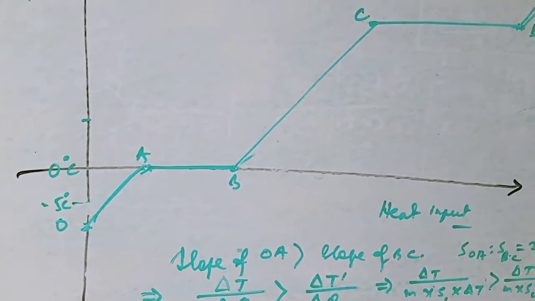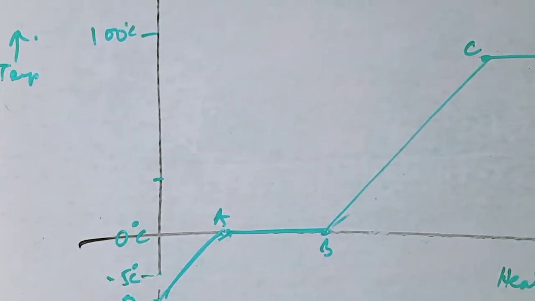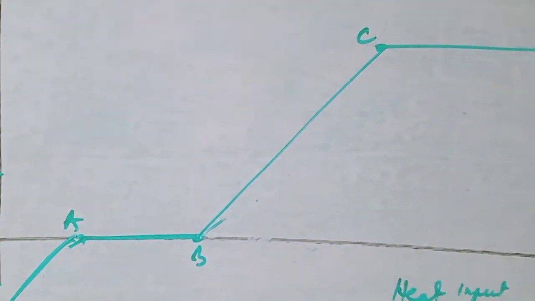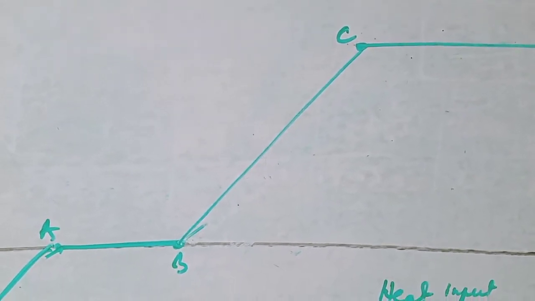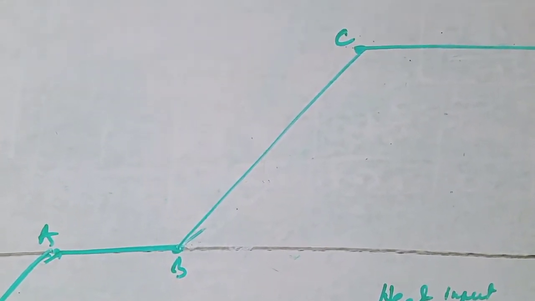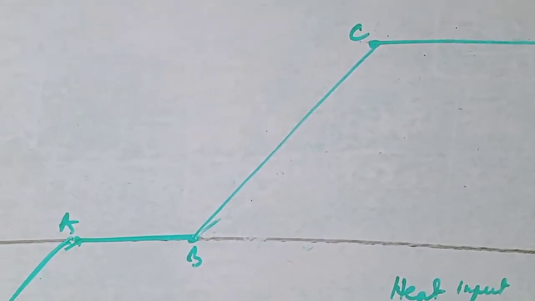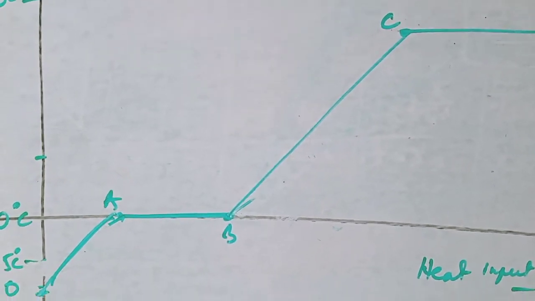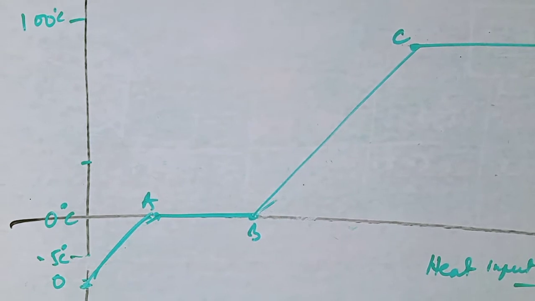Now again from B to C, point B is at 0 degrees Celsius, point C is at 100 degrees Celsius. So some quantum of heat energy is absorbed from B to C. Here the temperature is increasing. It is the region where 0 degrees Celsius water at B gets converted to 100 degrees Celsius water at C. So water starts boiling.